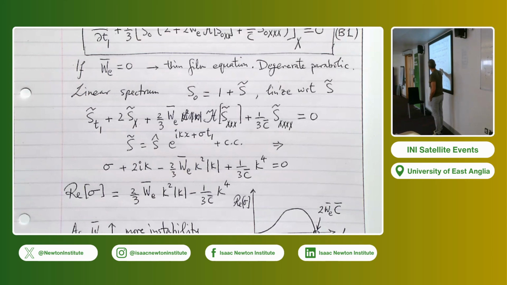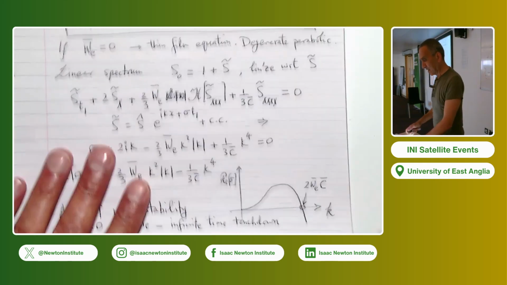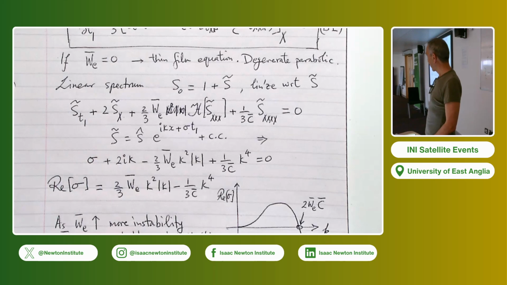If I look for linear disturbances of the form e to the ikx plus sigma t, then the real part of sigma is equal to that, just from the properties of the Hilbert transform. So this term will destabilize things. So you can introduce unstable waves.